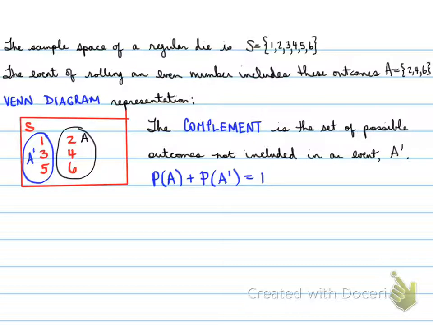Now you can rearrange this equation to have the probability of the complement equal to 1 minus the probability of A. The probability of A also equals 1 minus the complement. So the idea is you can manipulate the equation in order to solve something, because sometimes you know one piece, and you can use 1 minus the complement to give you the answer, if you know one part but not the other.